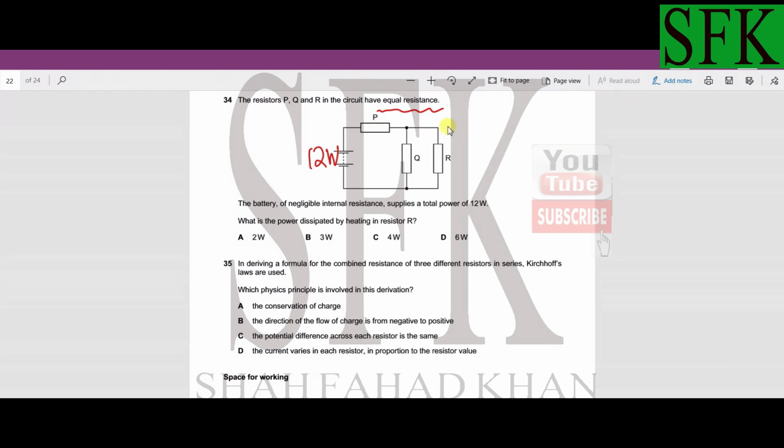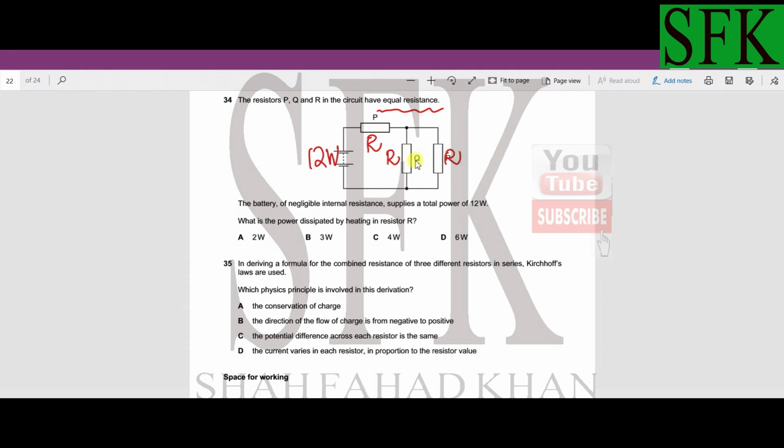All right, guys, it's pretty simple though. We know that each of them has an identical resistance, so let's assume that all of them have a resistance of R, R, and R. Now let's calculate the total resistance first. Let's take the collective resistance of the two.